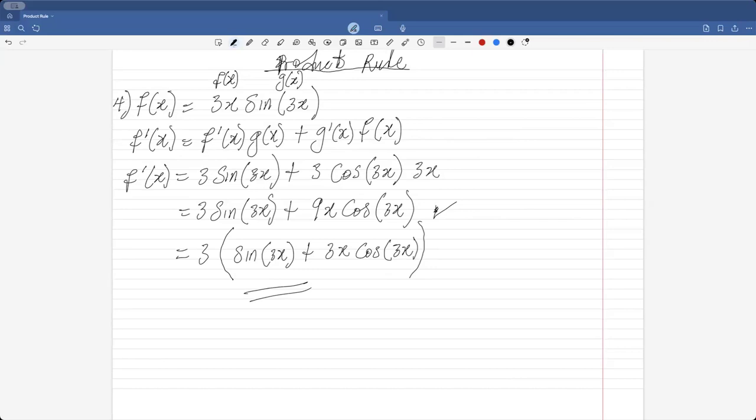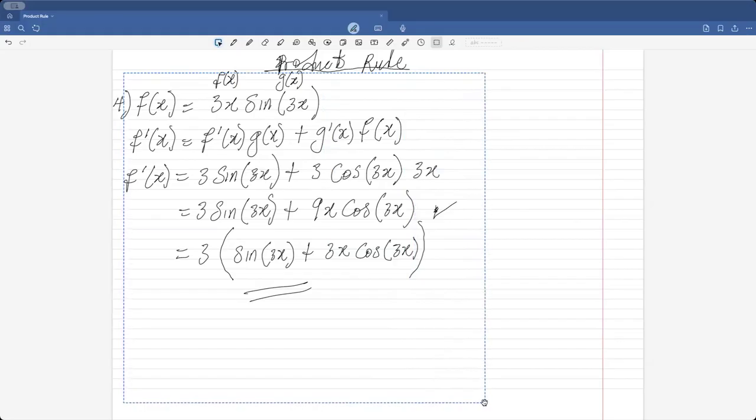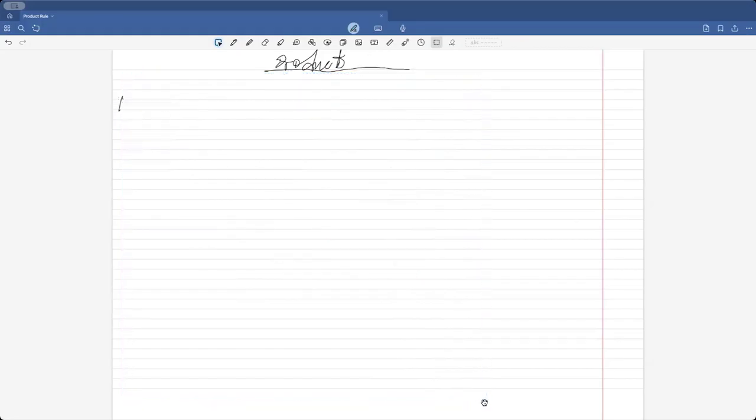So at this point in time, I would like to give out some exercise that you can try on your own. So let's see if we can do some cleanup here. Okay.